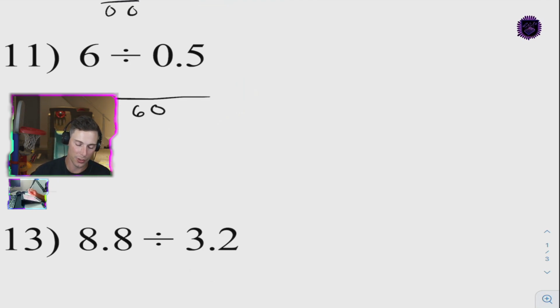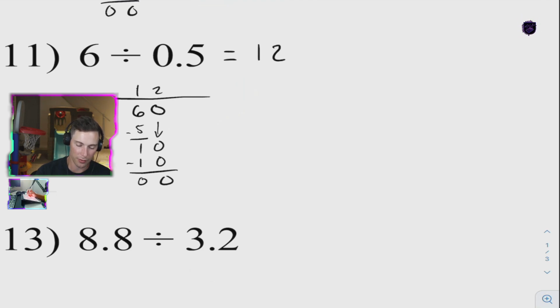So once you do that, you can then say, yeah, 5 goes into 6 one time, get a remainder of 1, drop down here, 5 goes into 10 2 times, and when you do that subtraction, you get 0 remainder. So our answer is going to be 12.